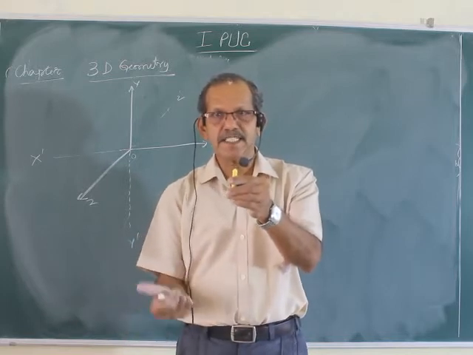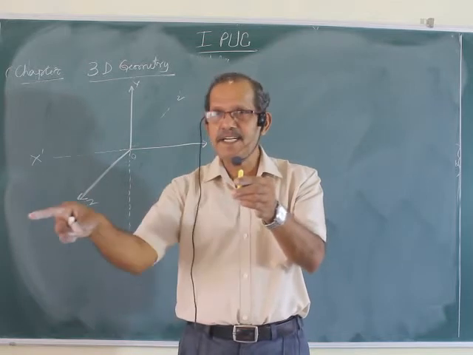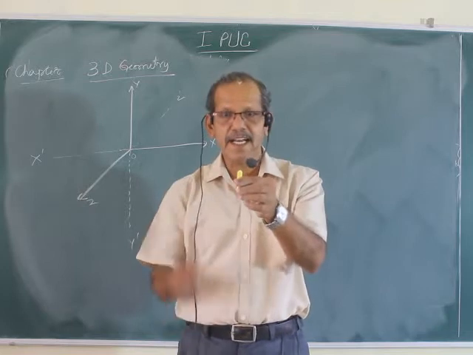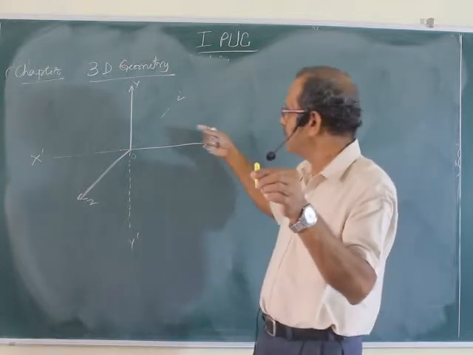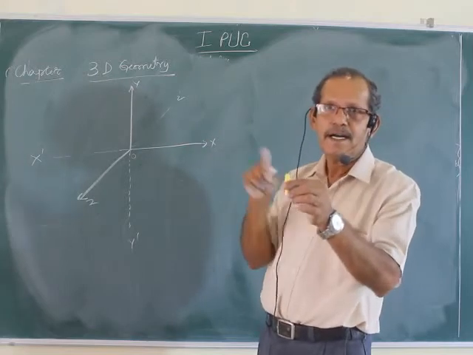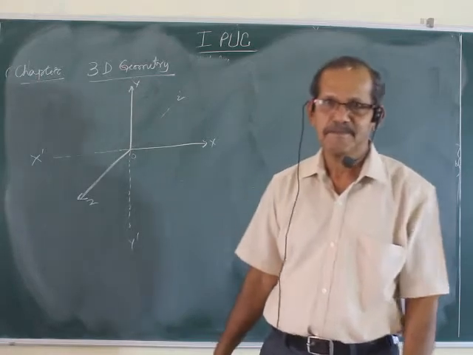XZ plane distance is called the Y coordinate. YZ plane distance is called the X coordinate. And finally, the distance of the same point from this board, which is actually the XY plane, is called the Z coordinate.